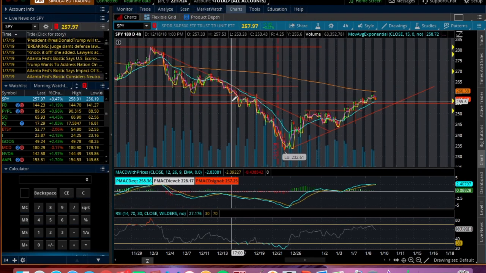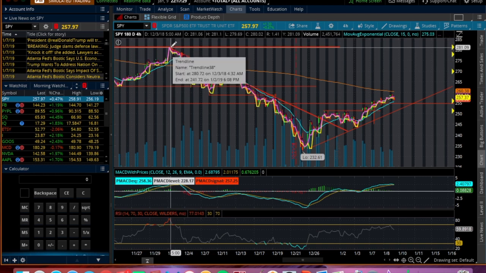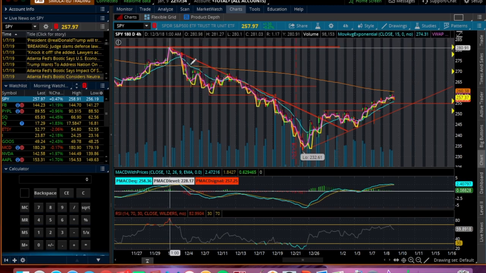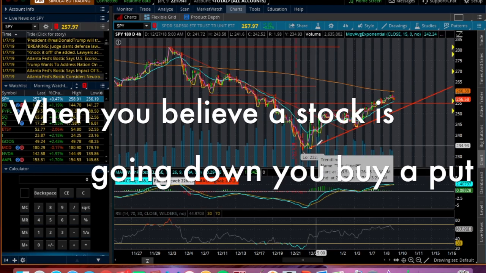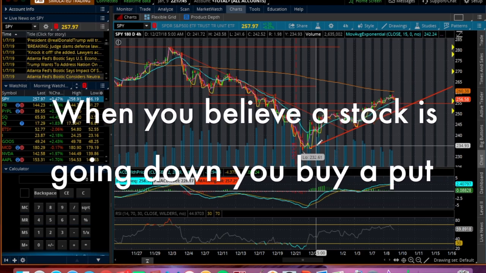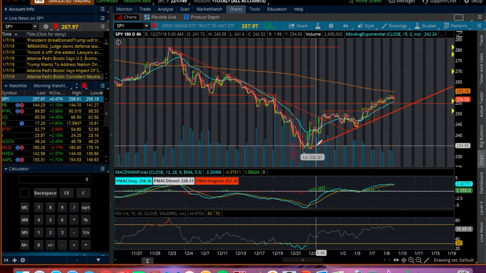Now, if at this peak of around 280, you believe that the S&P 500 was going to decrease in value, that means it's going to continue selling off, then you would buy a put option. And when you buy a put, pretty much means that you're expecting the underlying stock, or the actual company, to decrease in value, to sell off.